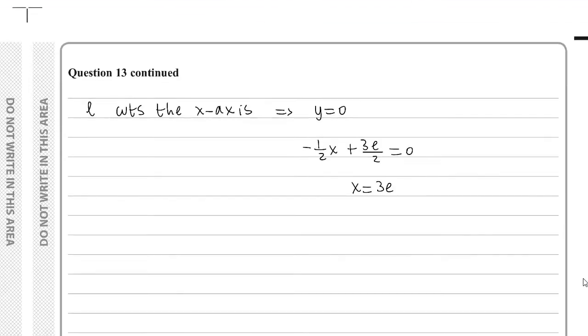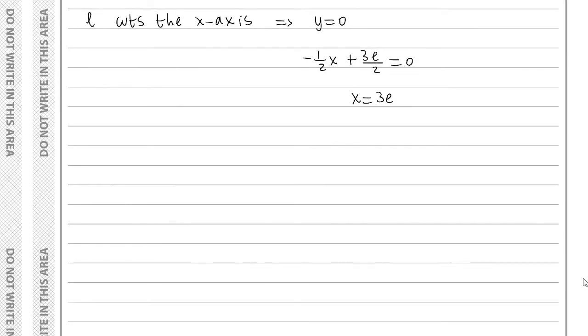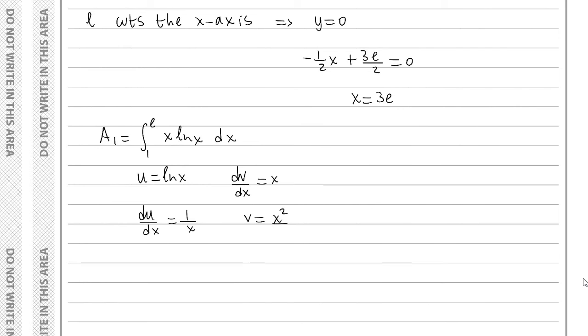So for A1, I will be integrating from 1 up to e, x ln x dx. This is an integration by parts. I will put u to be ln x, dv/dx to be x. So du/dx is 1 over x, and v is x squared over 2.